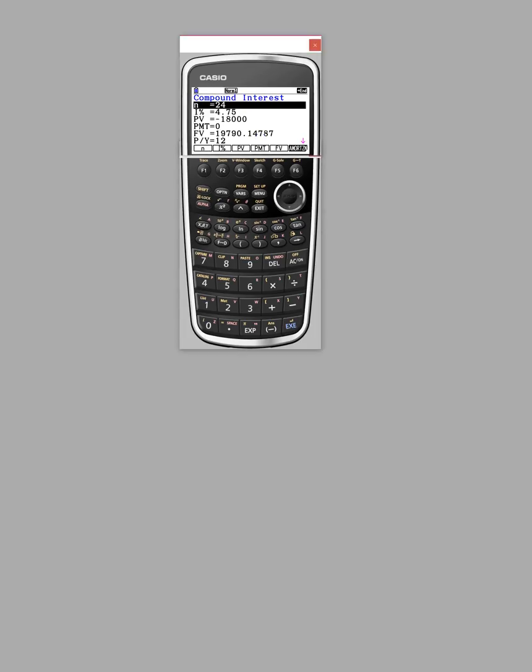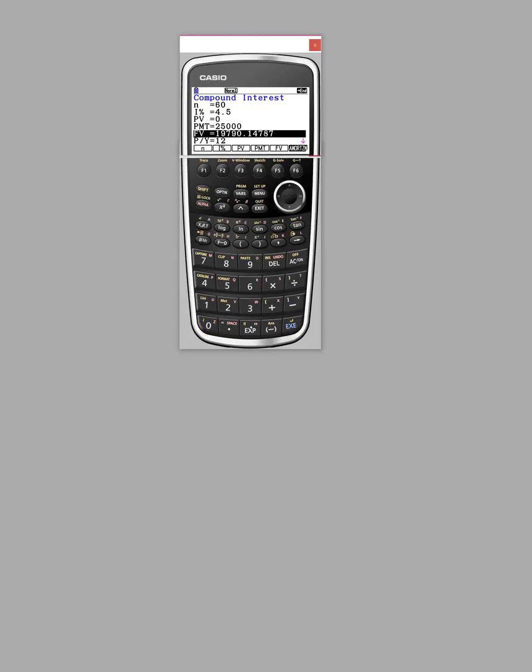So we pop that in there, 5 times 12. The interest was 4.5. So remember, when you pop that in the calculator, you don't have to divide it by 100. Our present value, we didn't know what that was, so we're going to put that as 0. Our future value, we wanted 25,000.